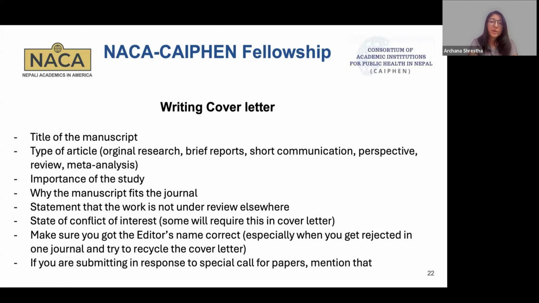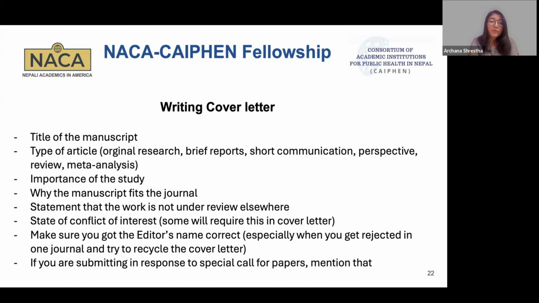The statement that the work is not under review elsewhere: we are not allowed to submit the same manuscript to two different journals at the same time. You'll do it one by one. So once you submit the paper, if the paper is rejected, or you can withdraw it yourself, in that case you can submit it to another journal. So be very specific that this is the only journal where you are submitting.